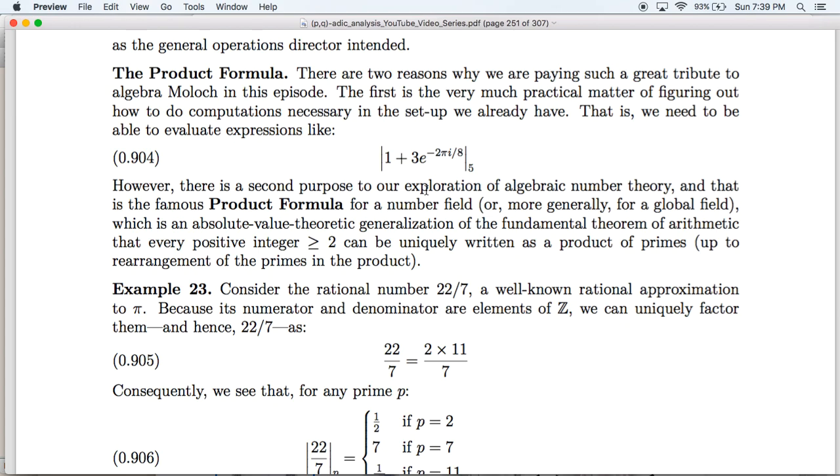There are 2 big applications of this stuff. One is a number theoretic application in its own right, and the other is, of course, to our Collatz stuff, but we're going to deal with the former first, which is the product formula.